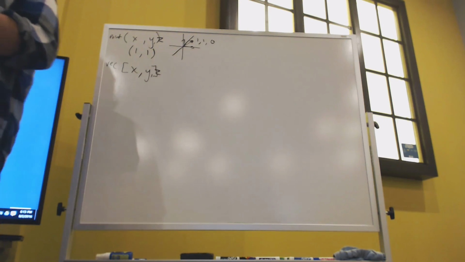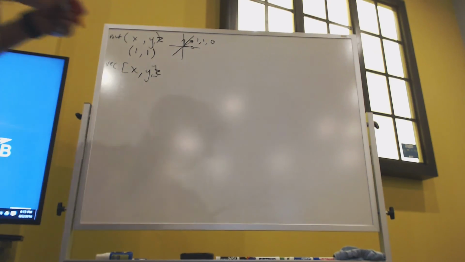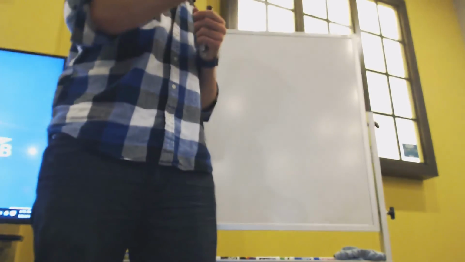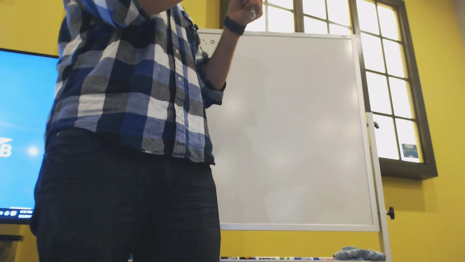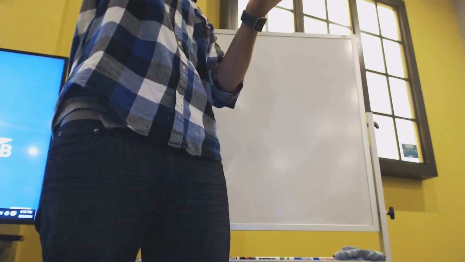I actually have this handy dandy pipe cleaner thing to help display axis. So you've got yellow that's typically denoted as the y-axis, you've got blue denoted as the z-axis, and then red as the x-axis.